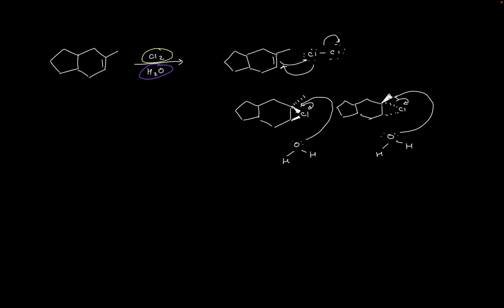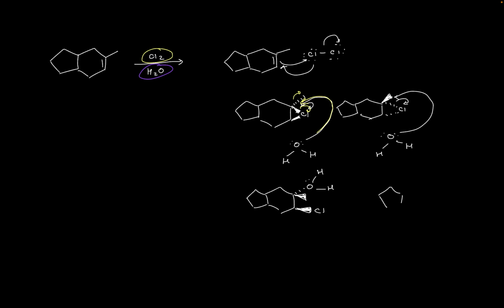In this case, though, water is going to attack from the back, so we're going to get a product that looks like this for now, with the Cl here. And the methyl group should also face up, because when the water comes in from the back, it pushes the methyl group up, as well as pushing these electrons onto the Cl.